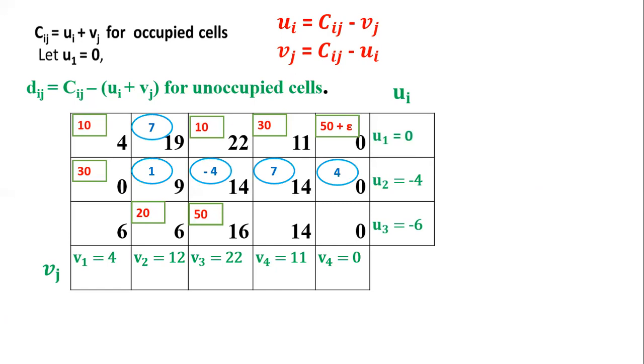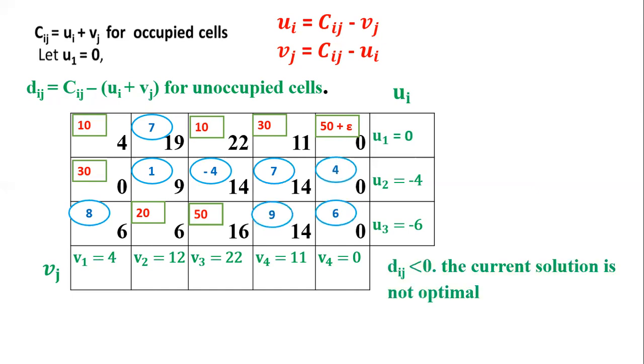And the next one is 6 minus (minus 6 plus 4), closing it gives 2, so 8 minus 6 is plus 2. Next one is 14 minus (minus 6 plus 11), closing it gives 9. And the next one is plus 6: 0 minus 6 plus 0, minus of minus, plus 6.